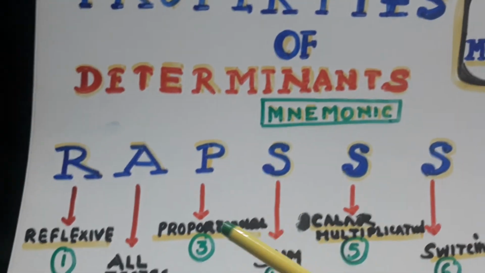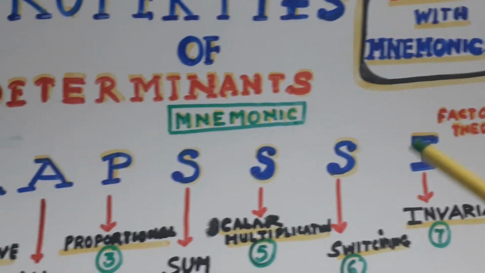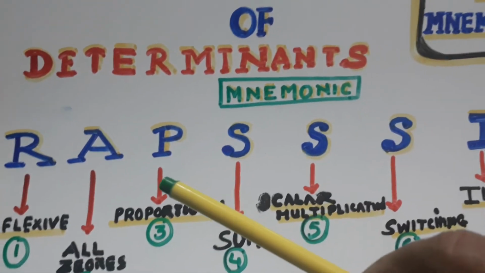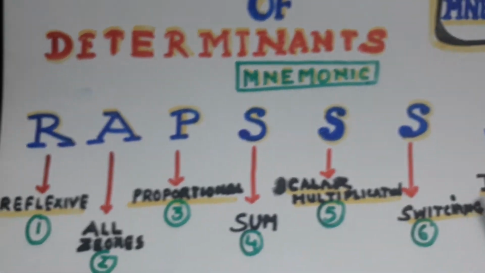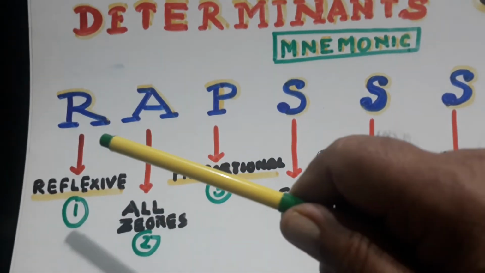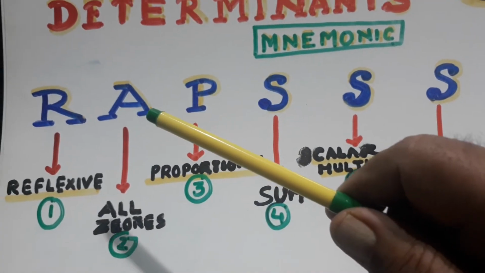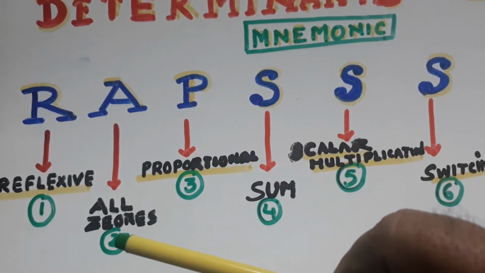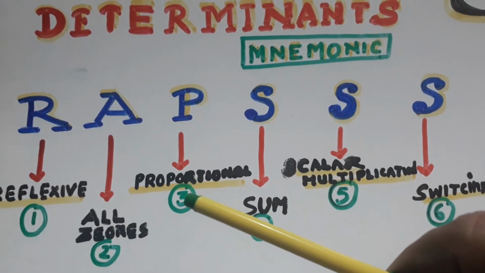So here is the mnemonic. Rapsi factor. R stands for reflexive property. A stands for all zeros. P stands for proportional.